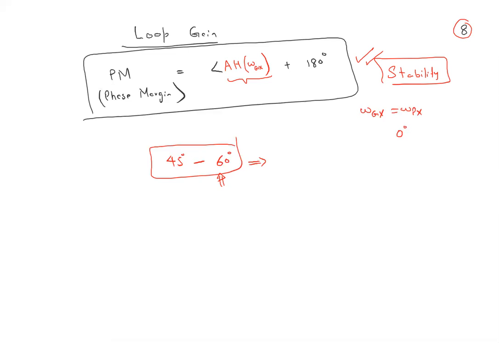Right. Now this brings us to another point, I guess, which is related to some examples. So we can do a couple of examples, and that is somehow related to the frequency compensation.